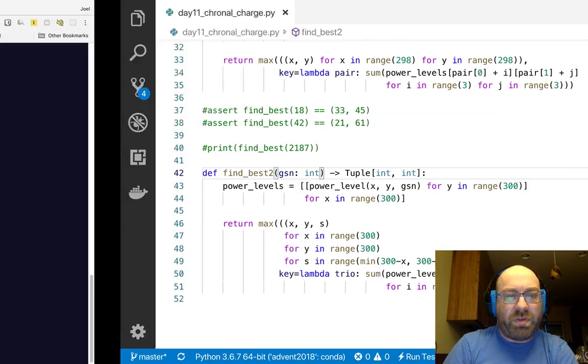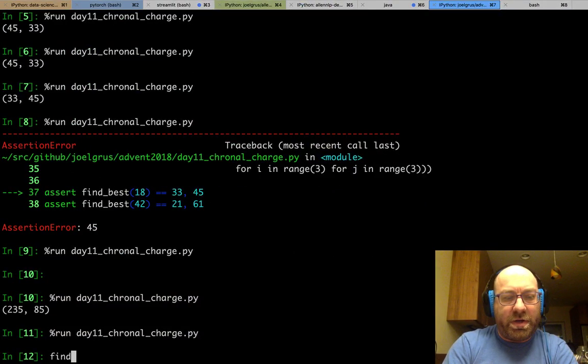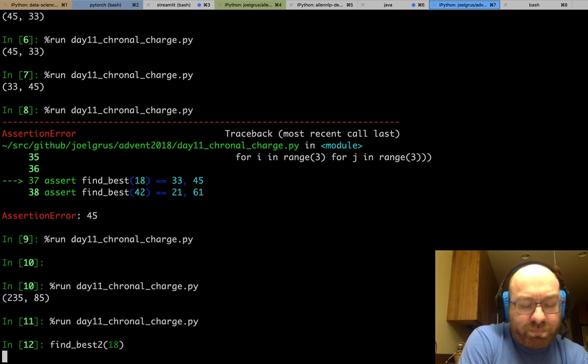Problem is it's going to be really slow, right? So if I run this and I say find best 2 18, it's just going to run for a really long time. It might not. Maybe I don't care.